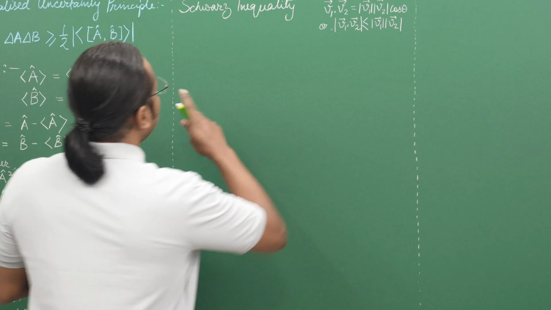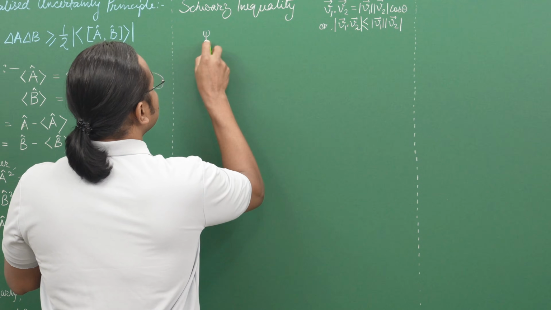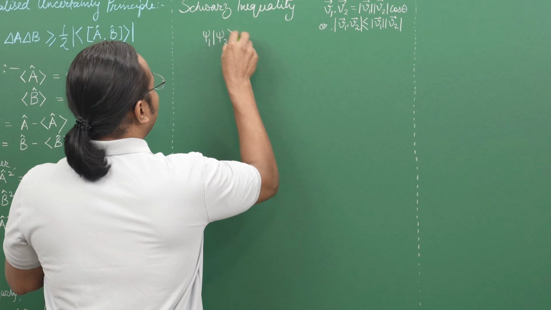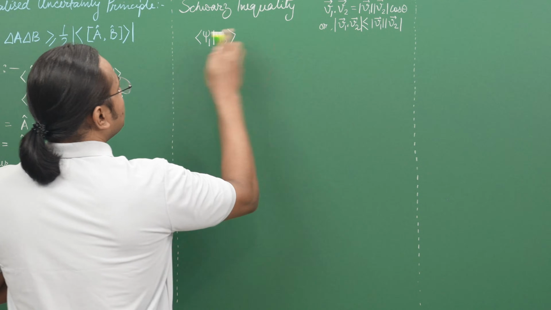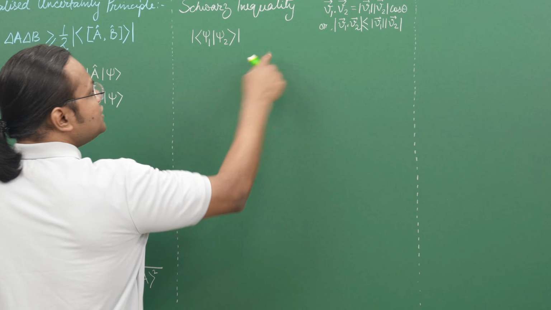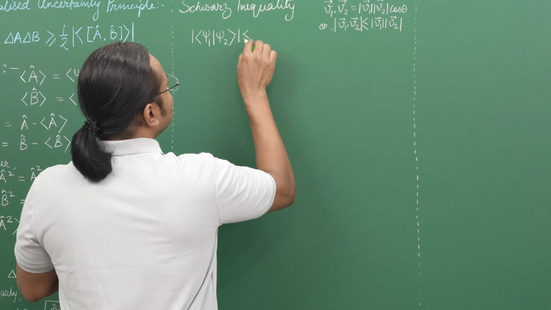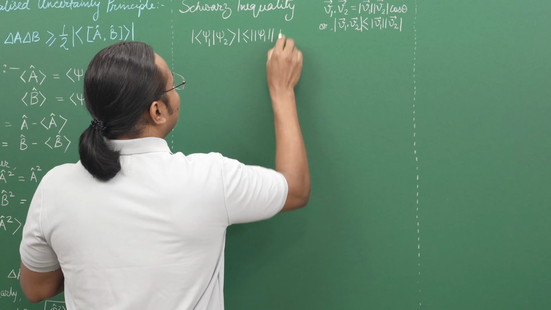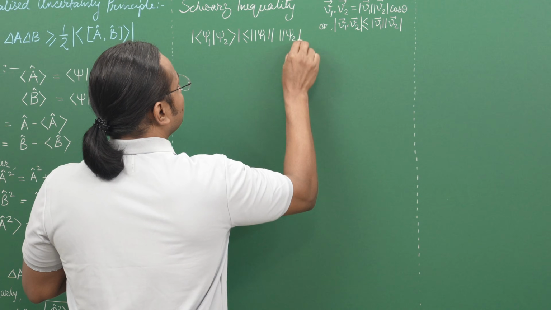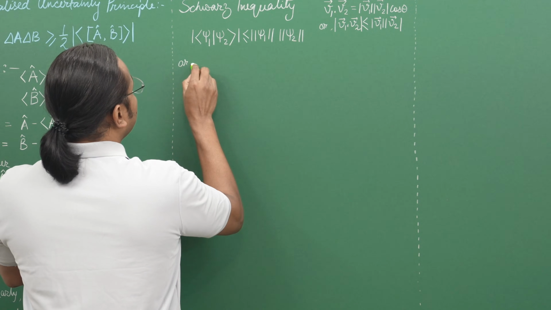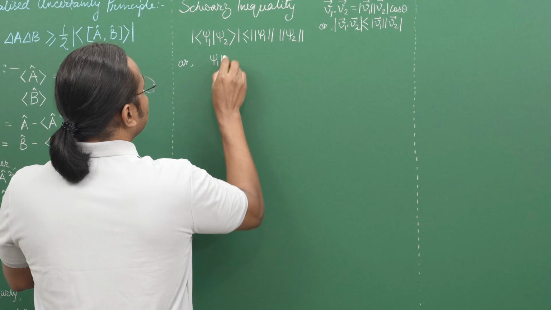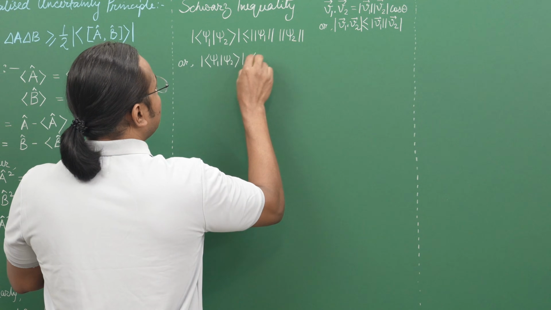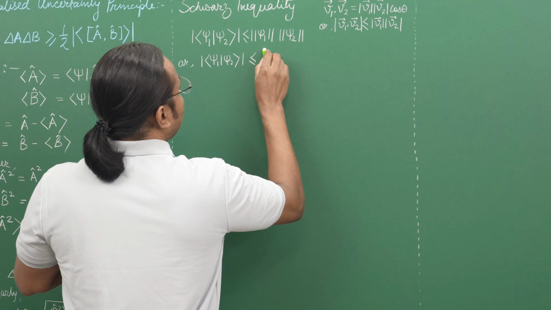That means if I take two quantum states, psi1 and psi2, and I find their inner product, then the magnitude of that inner product is always less than or equal to the magnitude of psi1 and the magnitude of psi2, which can be simplified by writing that the inner product of psi1 psi2 is always less than or equal to, what is the magnitude of psi1?